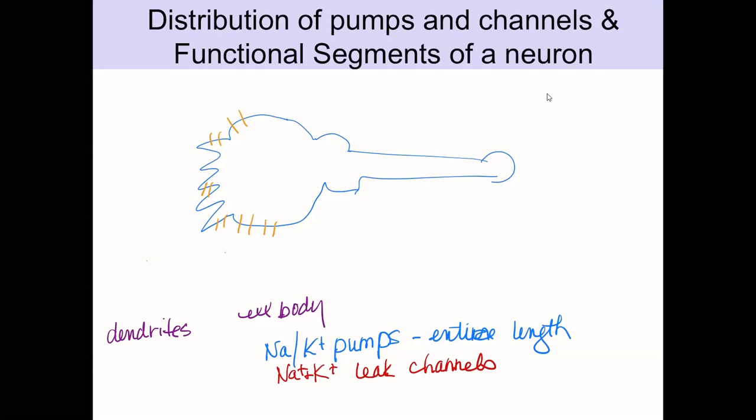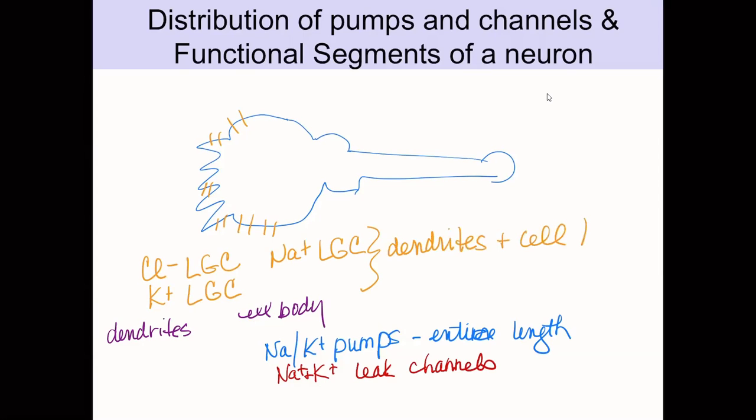We're going to have chloride ligand gated channels, potassium ligand gated channels, and sodium ligand gated channels. Those are going to be on the dendrites and the cell body. They're going to open when a chemical binds to them.